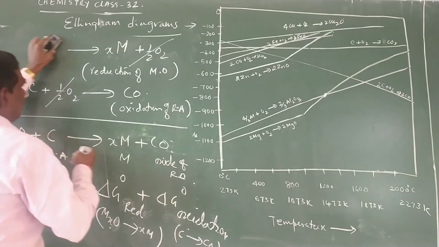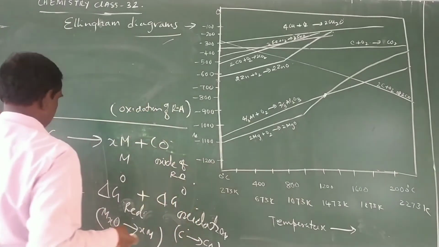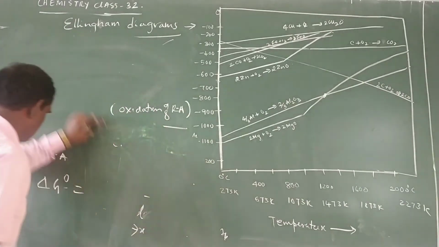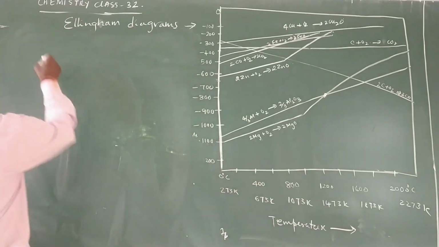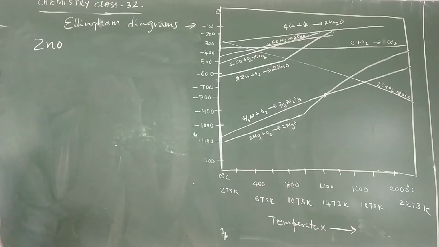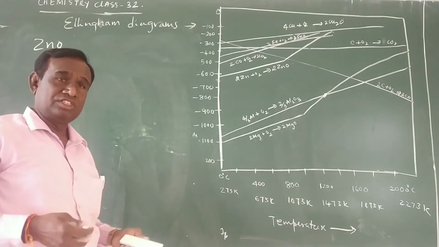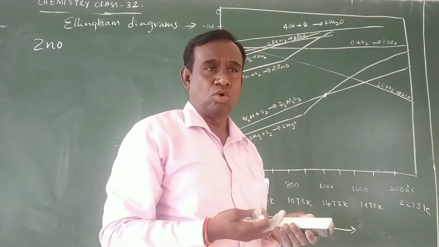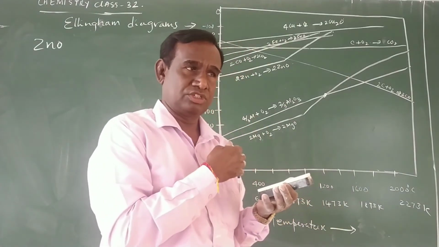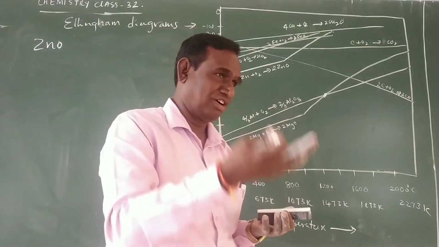Zinc blende is the ore, which undergoes roasting and you will be getting zinc oxide.